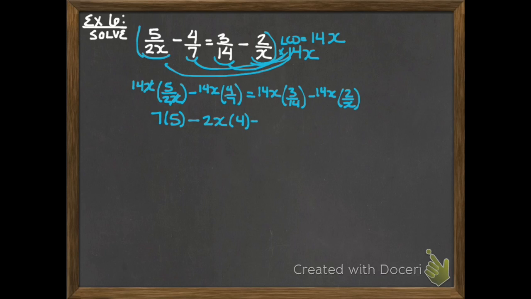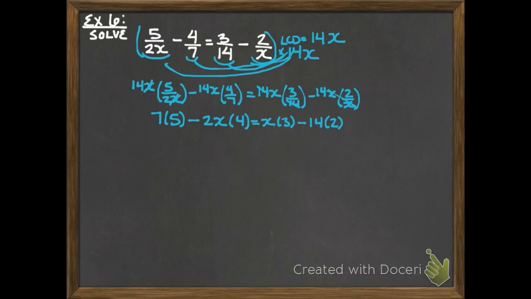And then on the right side of the equation, the 14s are going to cancel out and become 1, so I'm left with just x in the numerator times that 3. And then the last part, I've got an x in the numerator and an x in the denominator that will cancel and become 1. So just a minus 14 is left times that 2.